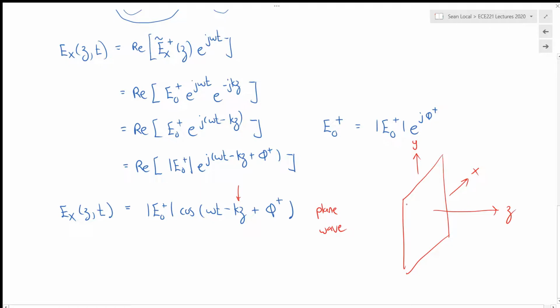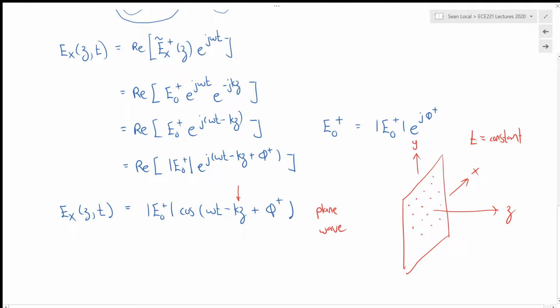Well, no matter where I sample in the x or y plane, I get the same value if this is at time equals constant. Let's just pretend that time was a constant. I'm trying to evaluate the expression I have for Ex. We see that everywhere I evaluate in this plane that's normal to the z direction, I only have an x component of the electric field, and it doesn't change with x and y.